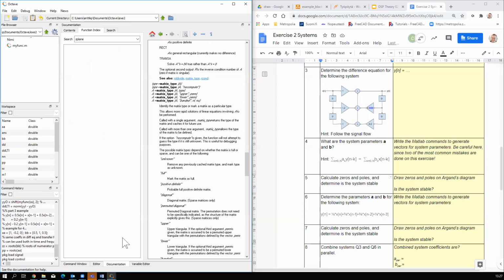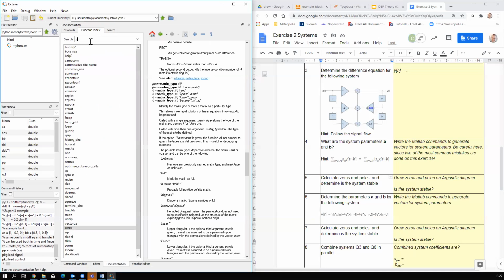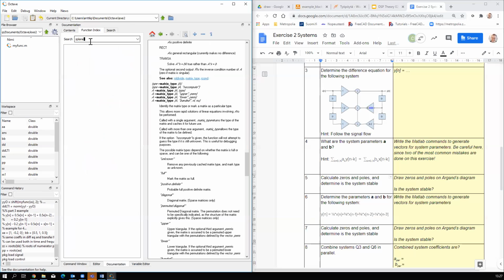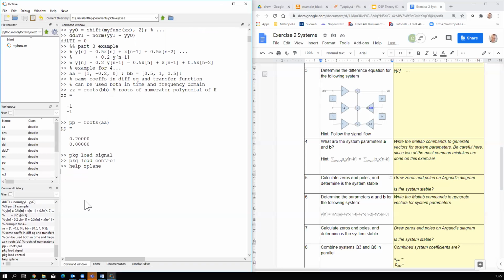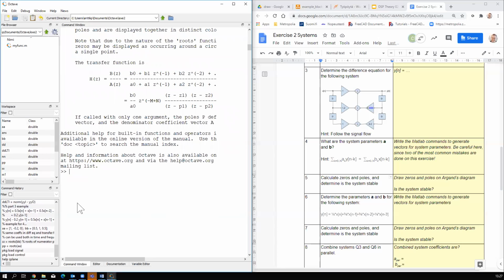Let's see, documentation. Do I find the Z-plane now? No, I don't. Search. Yeah, there is a Z-plane. Good.